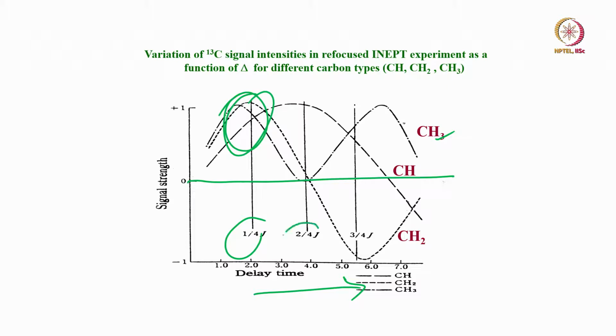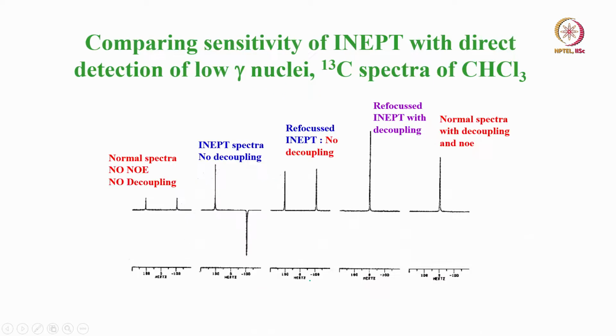At exactly 2/4J, that is 1/2J, CH2 and CH3 are 0, and only CH is seen positive. At exactly 3/4J, these two are positive and CH2 is negative. So you can use this for spectral editing, and this is comparing the sensitivity of the INEPT with the direct detection of low gamma nuclei.